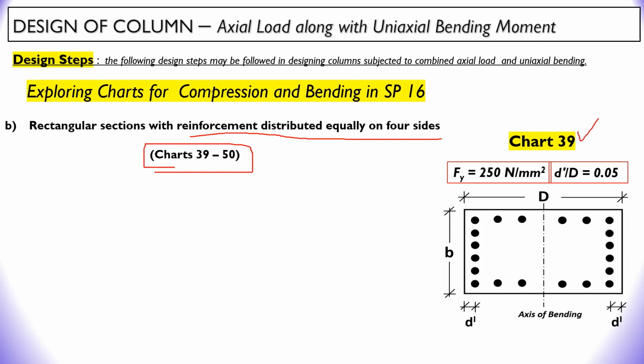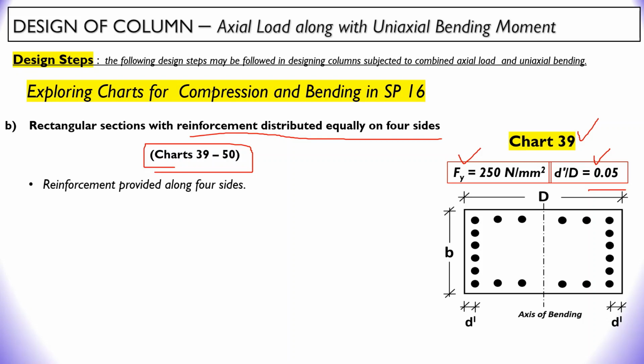Chart number 39 will be selected when the section is rectangular and reinforcement is distributed equally on all four sides. You can see here reinforcement is distributed on all four sides and symmetrically, the grade of steel is 250 and the d dash by D ratio is 0.05. You have to keep in mind that if you change the d dash by D ratio, then you have to follow the other chart.